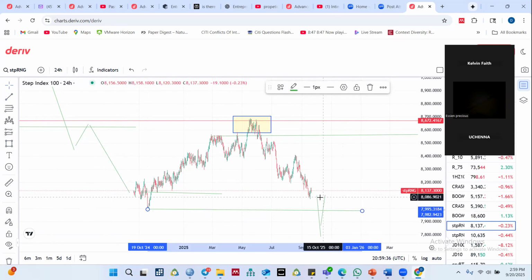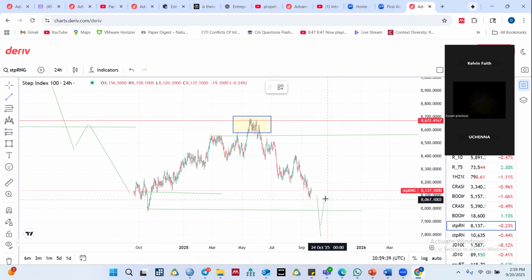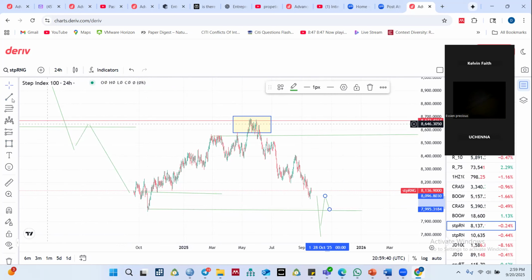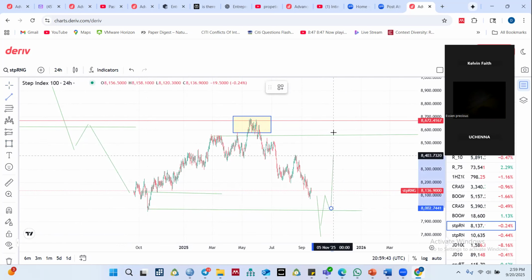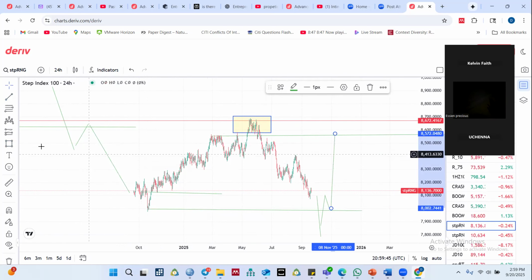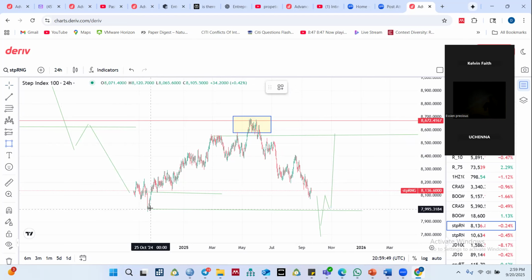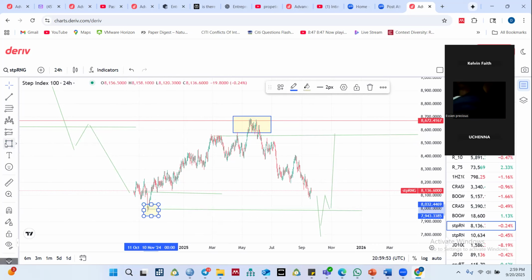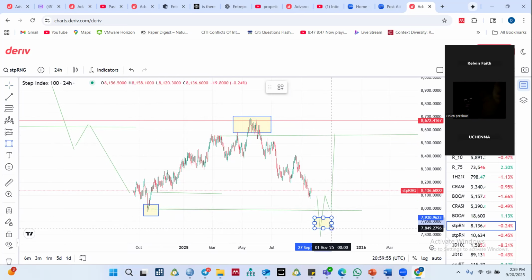Then from here, it can probably retest if it doesn't go down again, and then it goes up. So on the weekly, you might not see it as this one, but that will make here and here a double bottom.